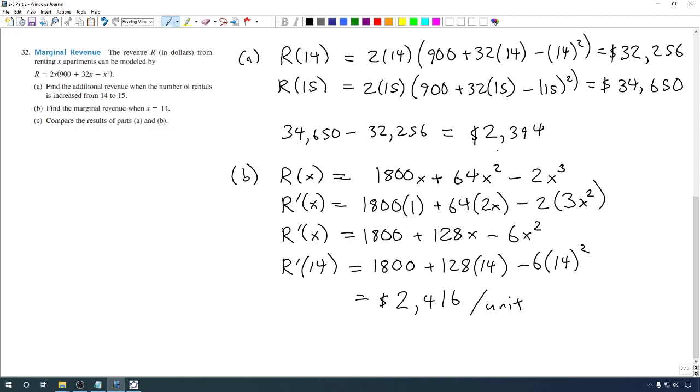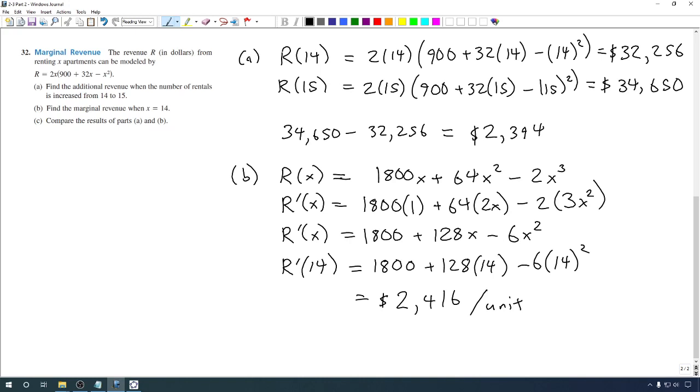But if you compare the size of these numbers here, we're talking about a $2,000 difference overall, and our estimate, if we use our marginal revenue as our estimate, was only off by $22. So if we're willing to ignore that $22 error, we can use this value as a good estimate for what we should expect if we were already renting 14 apartments and we were wondering how much more revenue we would get if we were renting 15 instead.